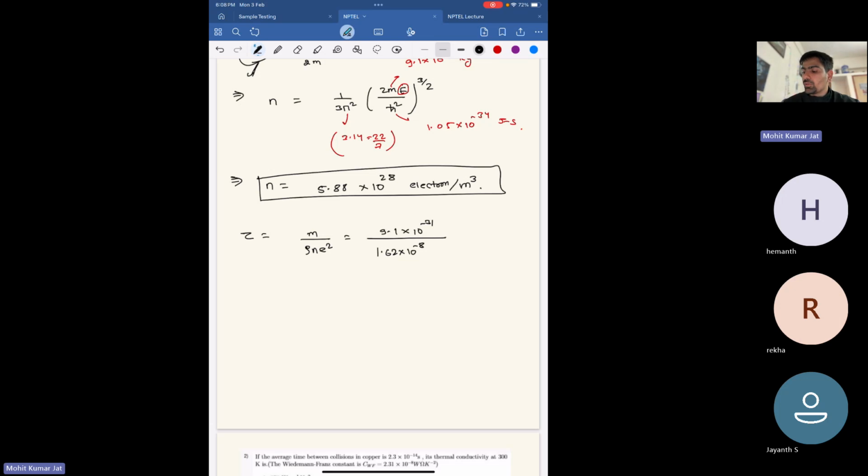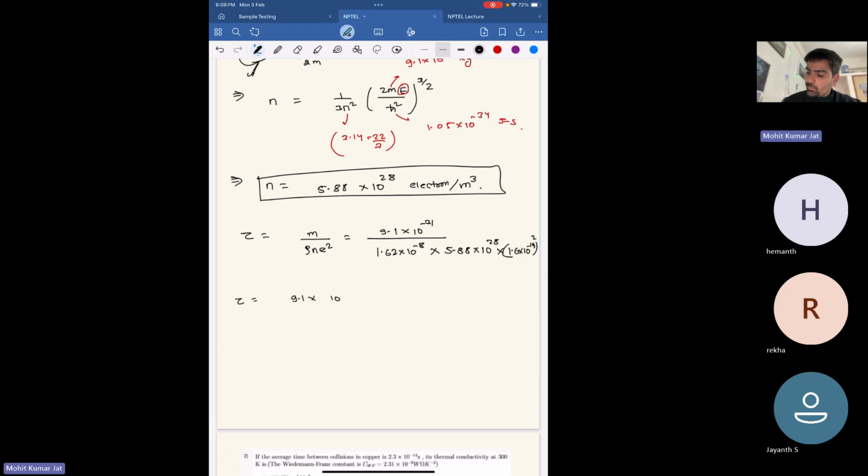Dimensions are ohm meter, so I don't have to worry about the dimensions. Whenever you solve such questions, make sure that the dimensions are right. They can give you the factor, the powers, and then e square is 1.6 times 10 power minus 19 to the square. So you can just work it out.